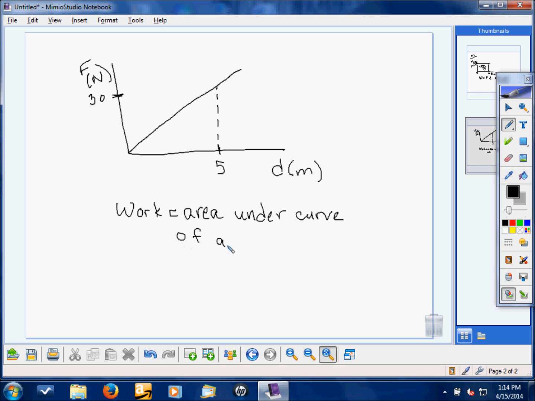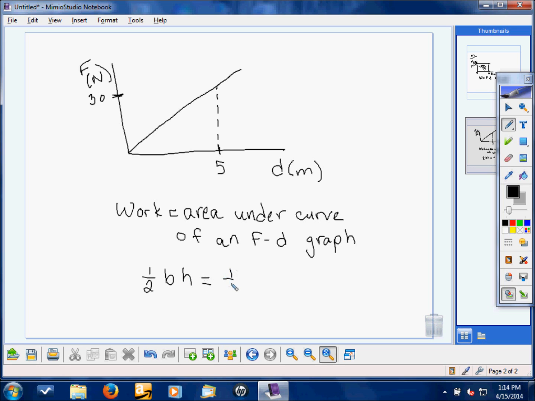Of an F force displacement graph. So work equals the area under the curve on an FD graph. And so in this case, area of a triangle is 1/2 base times height, right?